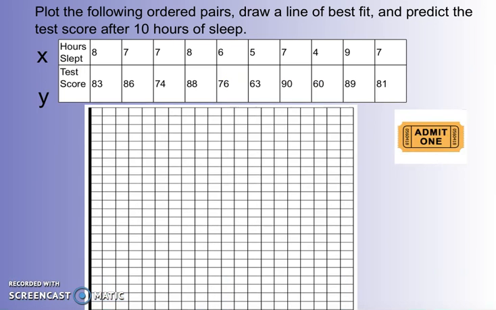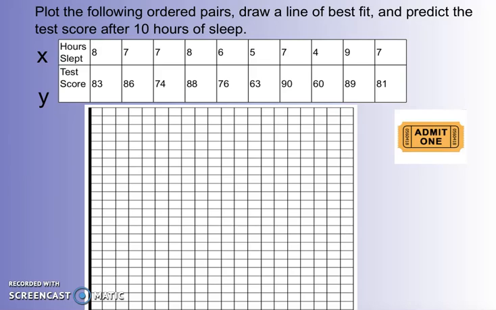What I want you to do for tomorrow is draw your own scatter plot. I want you to plot the hours of sleep as well as the test scores. Hours of sleep I want you to put on the x-axis, because it has to do with time, and time we always put on the x-axis because time moves forward. On the y-axis, we're going to put test scores.